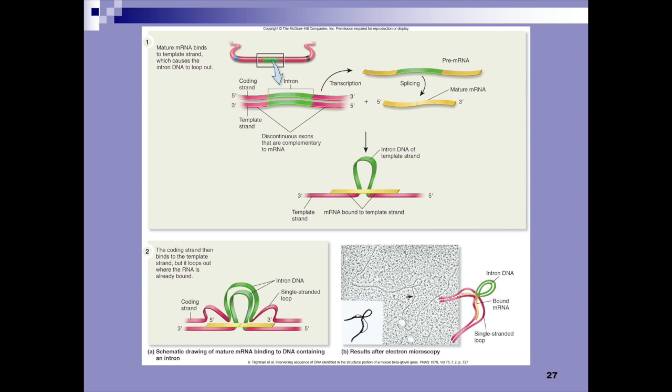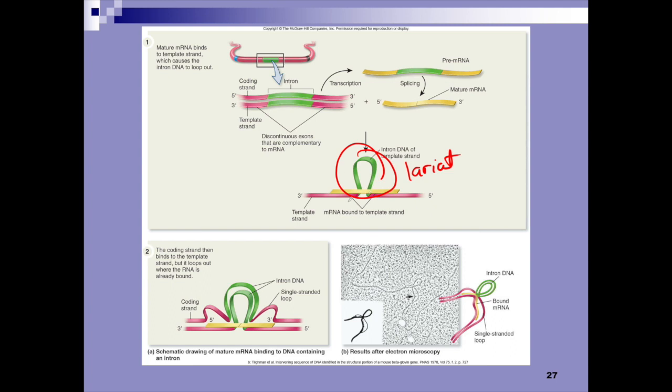So here's the process of splicing. And what's happening here is this intron in green is being pulled out, and the 2 exons are going to be pulled together. So they're kind of showing you the pulling together of it. And this loop structure right here is called a lariat.